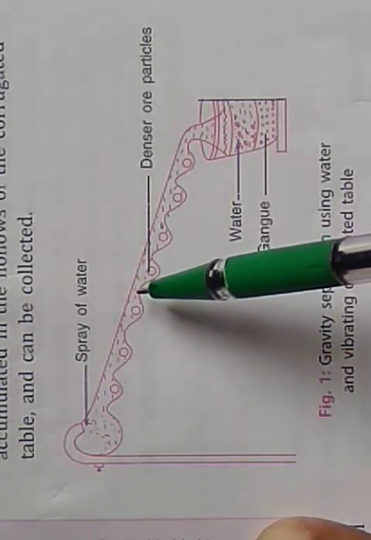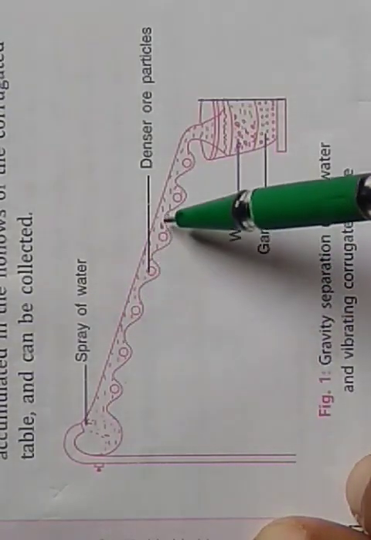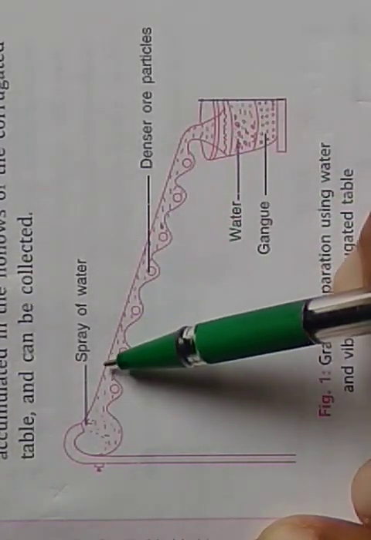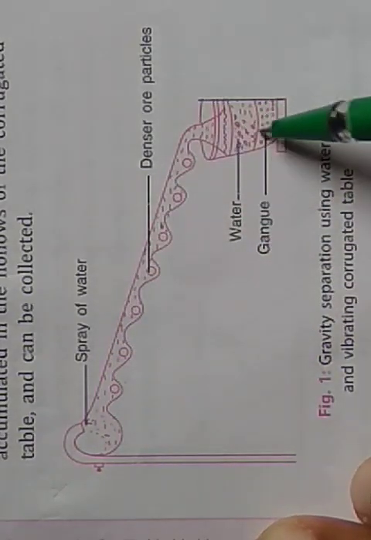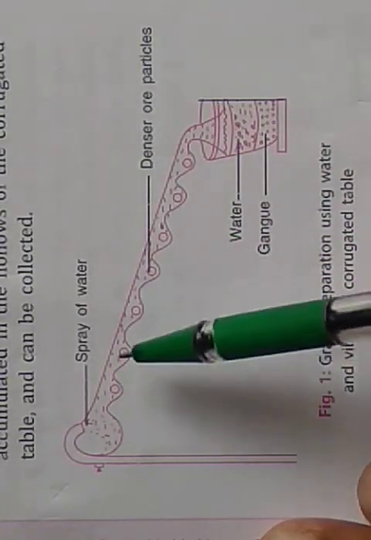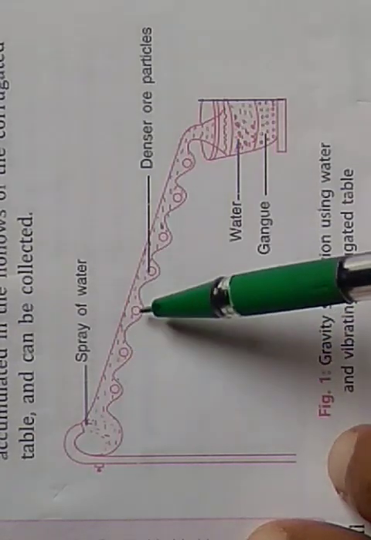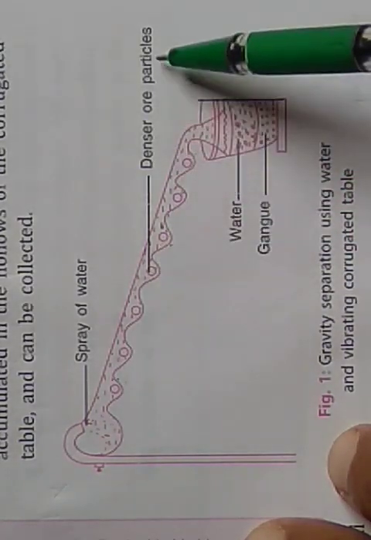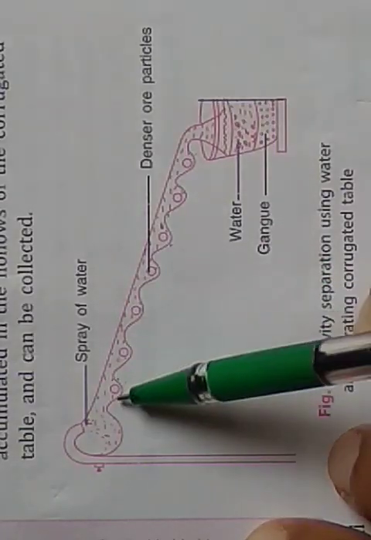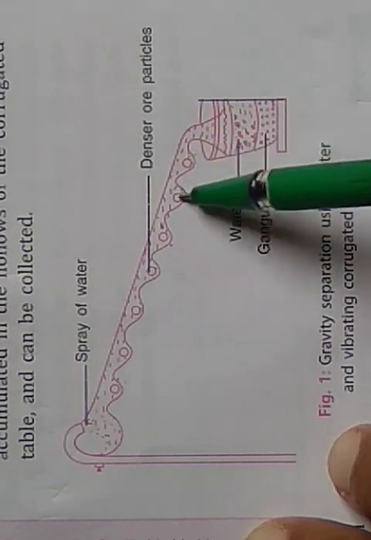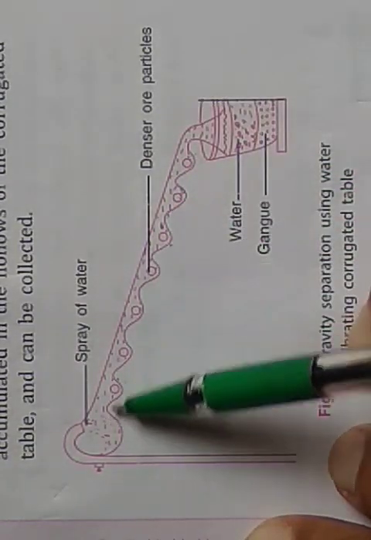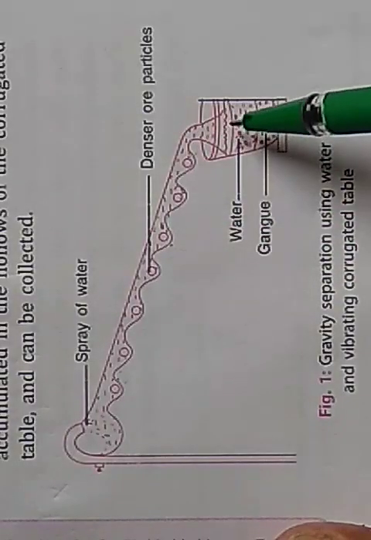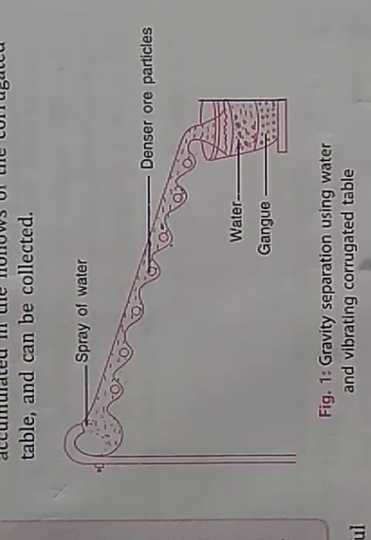The lighter gangue particles get washed away with the water and are collected in a container, and the denser ore particles get accumulated in the hollows of the corrugated table. The gangue, which is lighter, is washed away with the water and collected in another container.